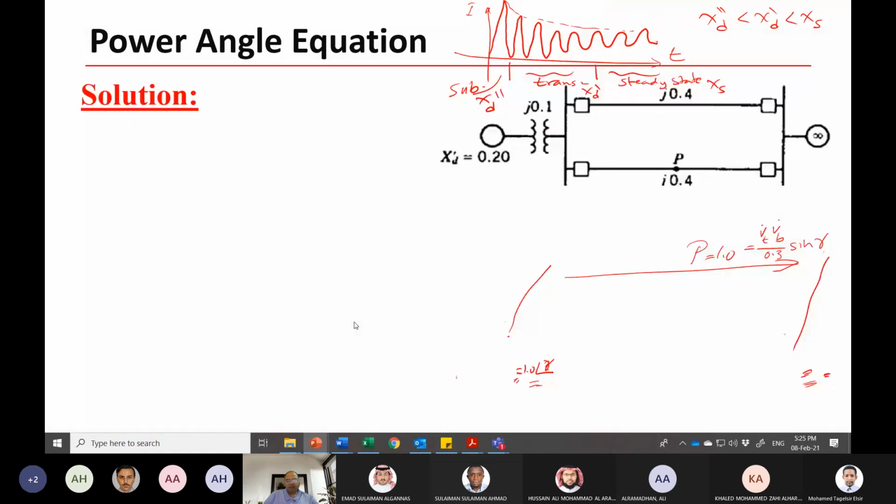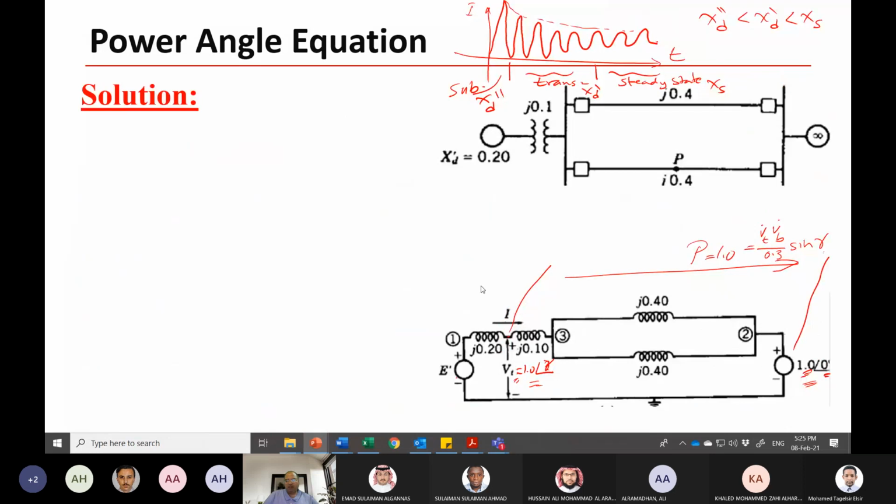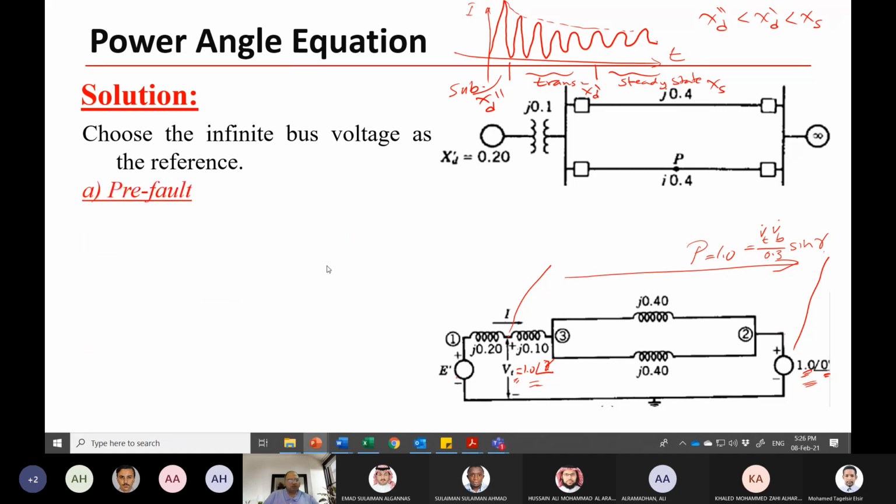As we mentioned, the power transfer is 1 per unit, the terminal voltage is given here as 1, and we assume its angle is gamma, and the voltage here is 1. We assume our reference is angle 0, so we can choose the infinite bus as our reference.